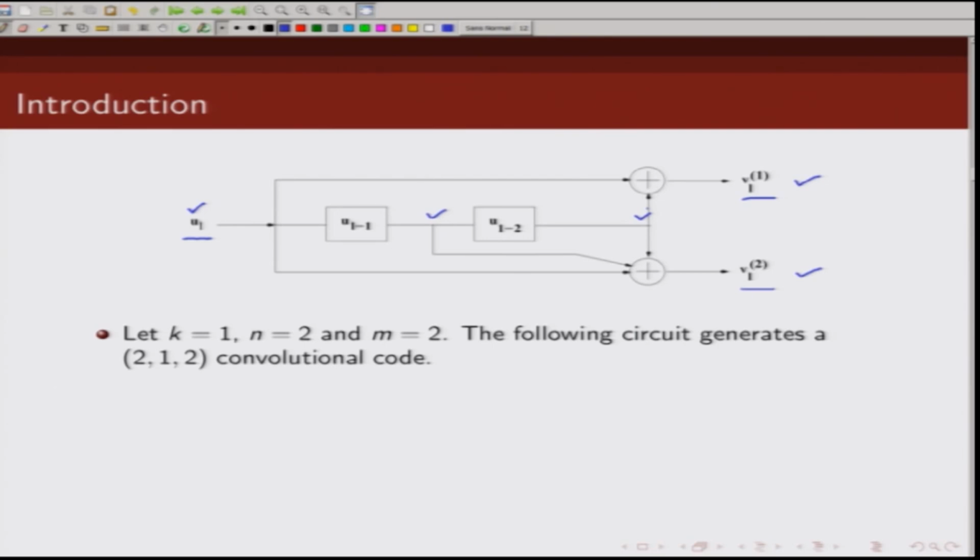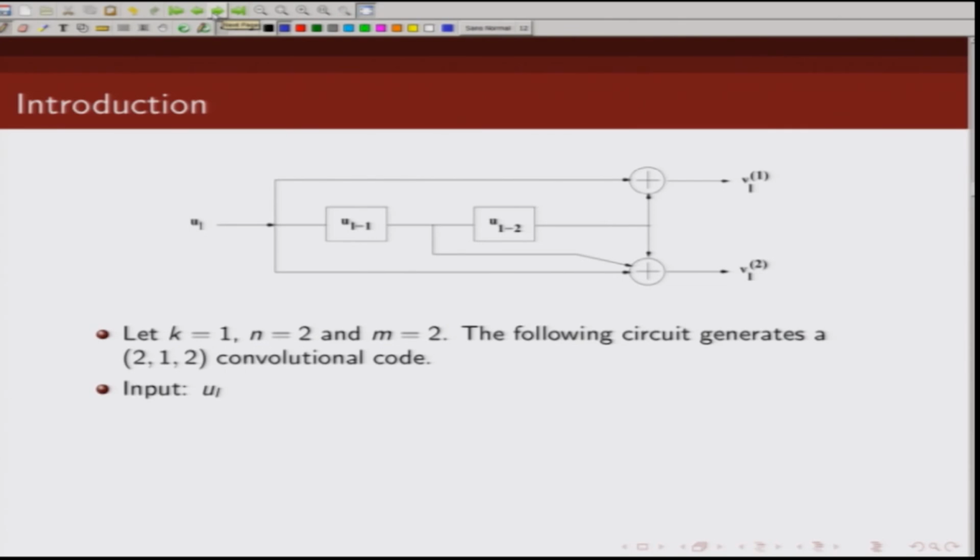This is k equal to 1 because there is only one input, that is why k is 1. There are two outputs, this one and this one, so n is 2, and since the output depends on two memory elements, this and this, m is 2. So, this is a (2, 1, 2) convolutional code.